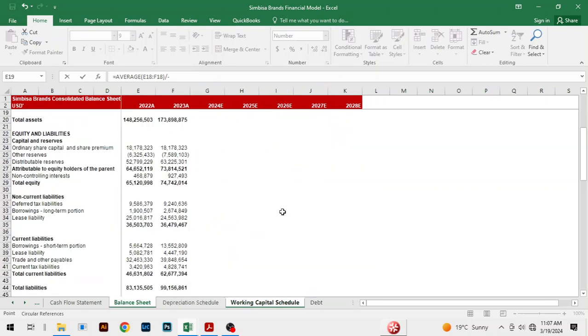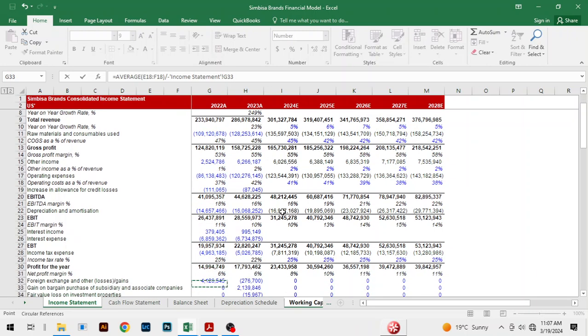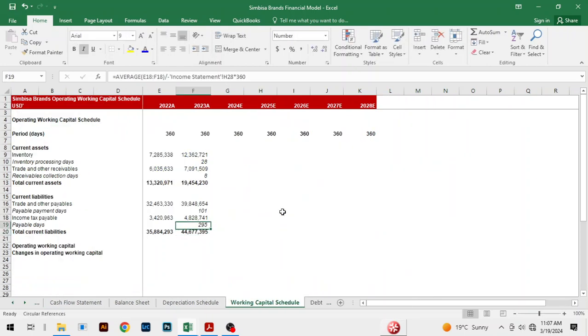So for 2023, we find where the income tax is and multiply by 360. So on average, it takes about 290 days to pay their income tax. Right, so now we want to project that. So for now, let's just keep that constant, and let's keep that at 100, and let's keep that at 290.